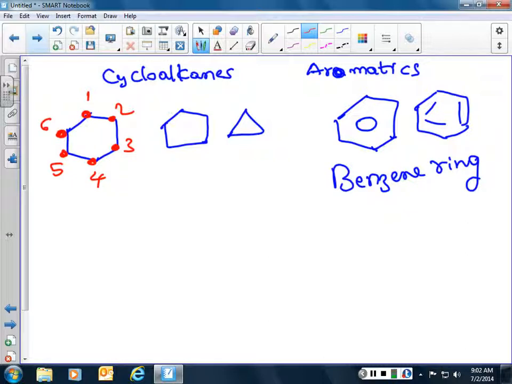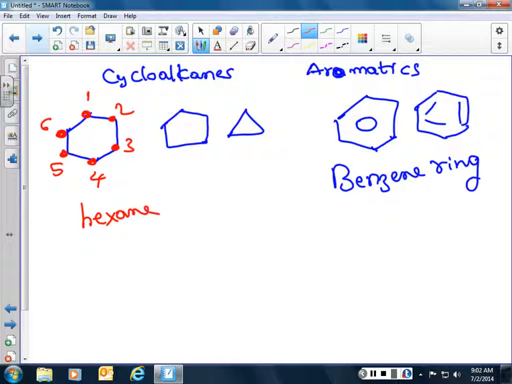Correct? 6 carbon maximum. 6 means hex, and all carbons are single bond.